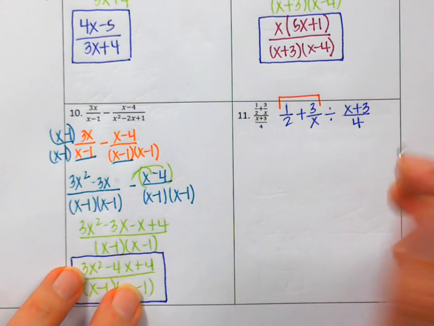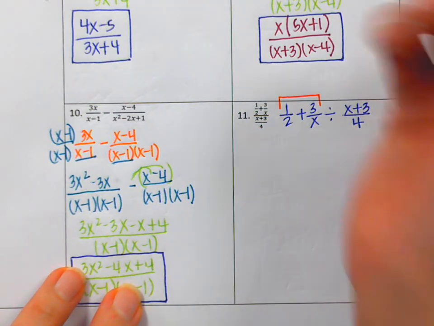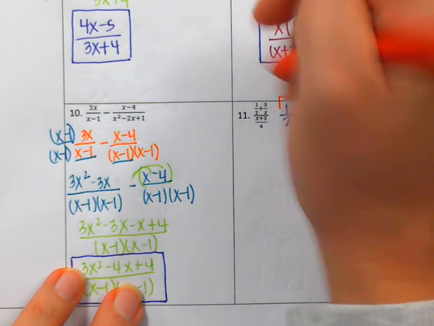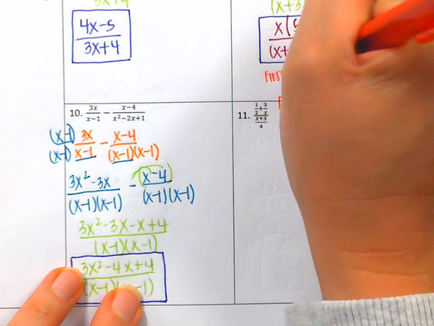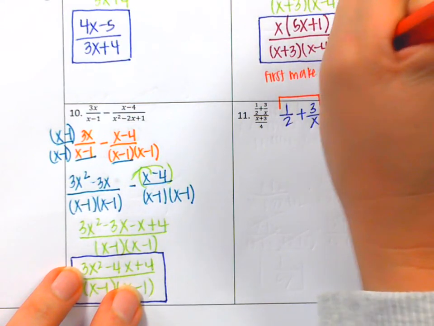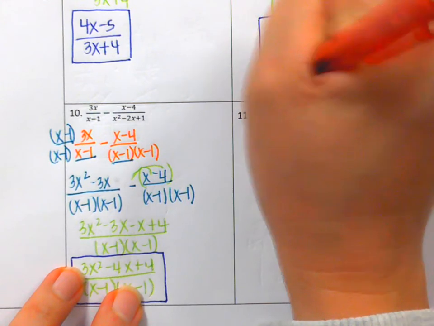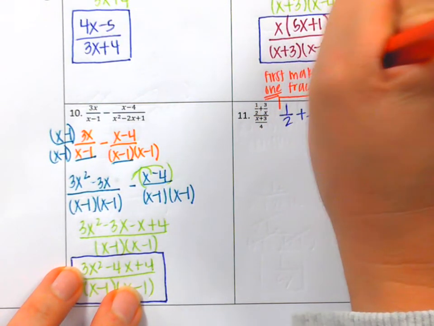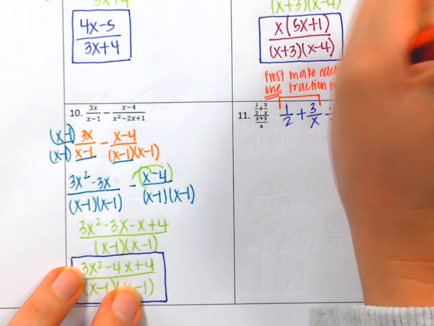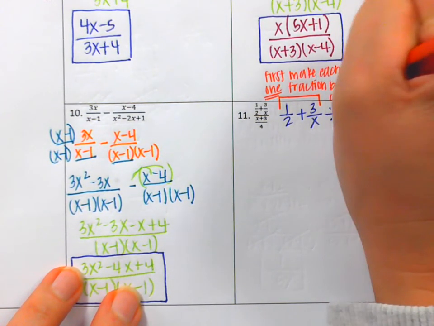So this is essentially combining adding and multiplying. So first, make each side one fraction by getting a common denominator.